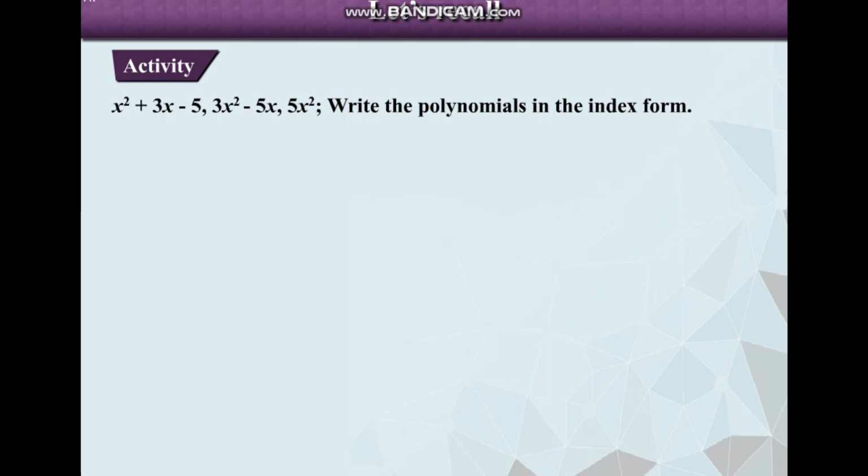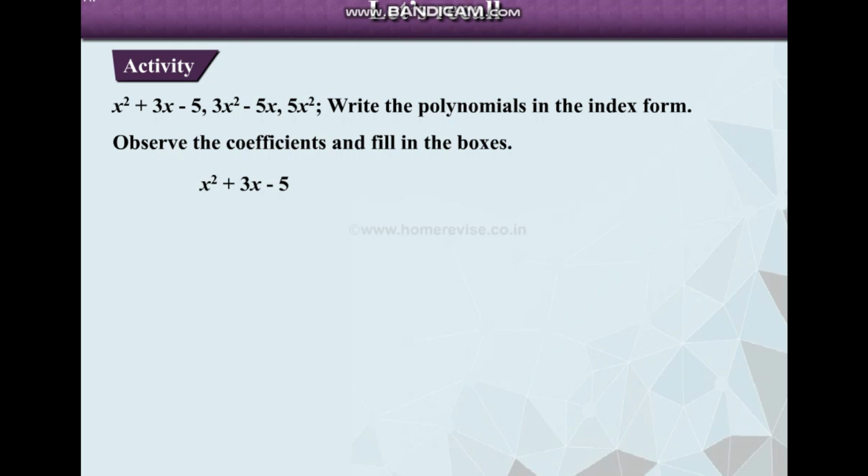Recall. Activity. x square plus 3x minus 5, 3x square minus 5x, 5x square. Write the polynomials in the index form. Observe the coefficients and fill in the boxes. x square plus 3x minus 5, 3x square minus 5x plus 0, 5x square plus 0x plus 0.